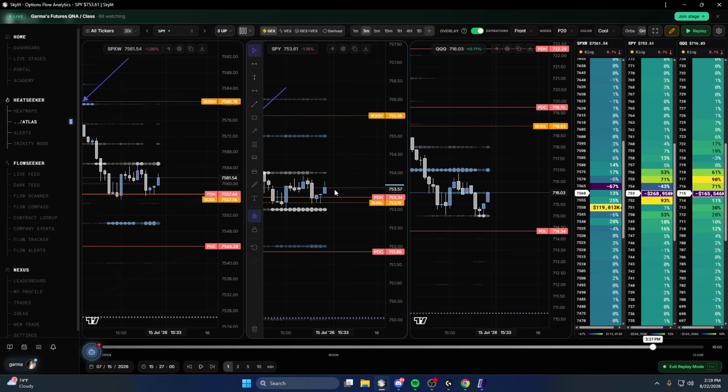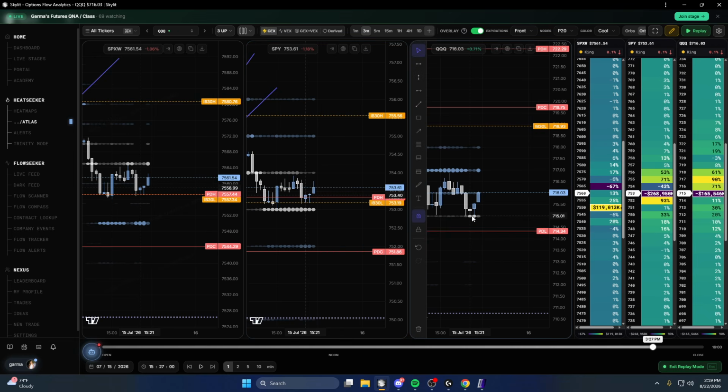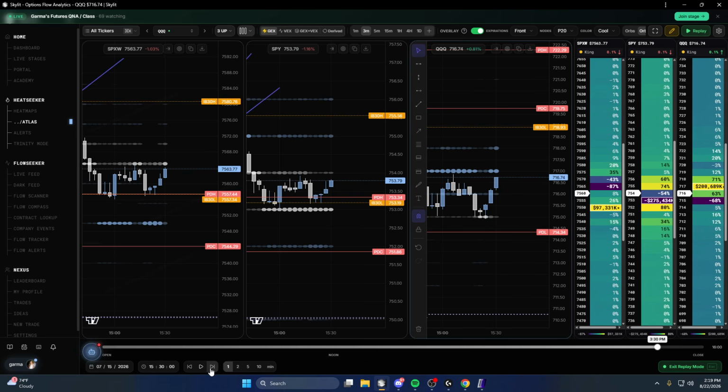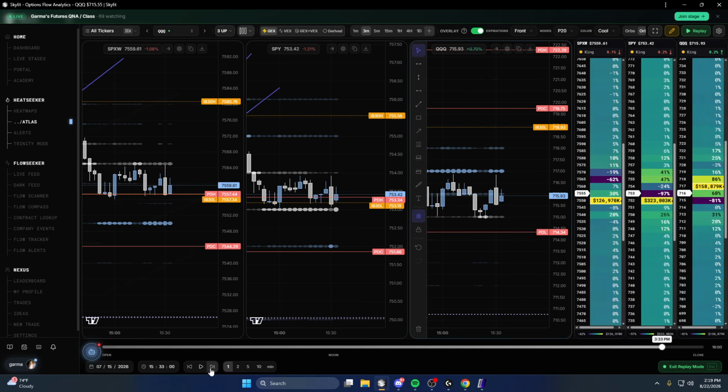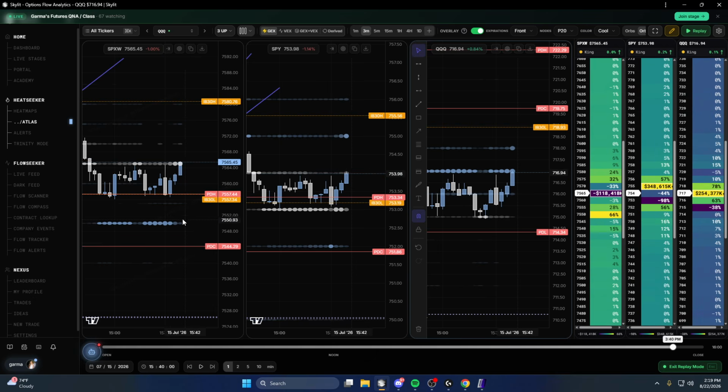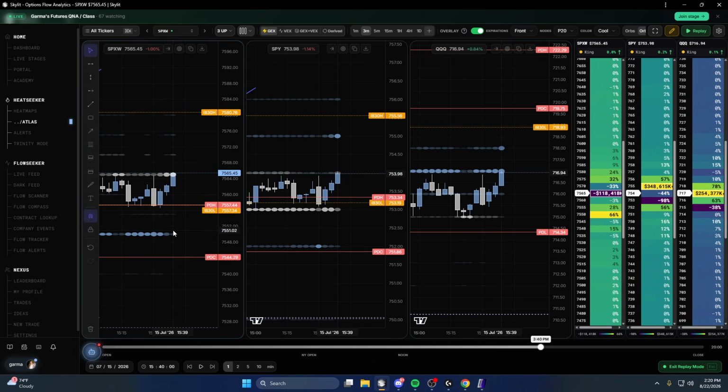So this is kind of the third test of the nodes, and like on SPY they put in the 753, and they put in the 715 here on QQQ where we're getting that bounce. So I think they try to send us back up to 717 here. Yeah, they send us back to 717.